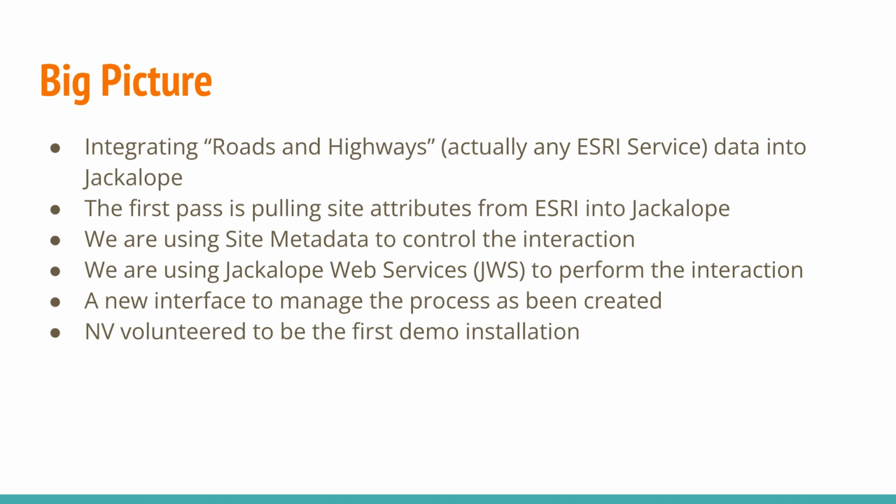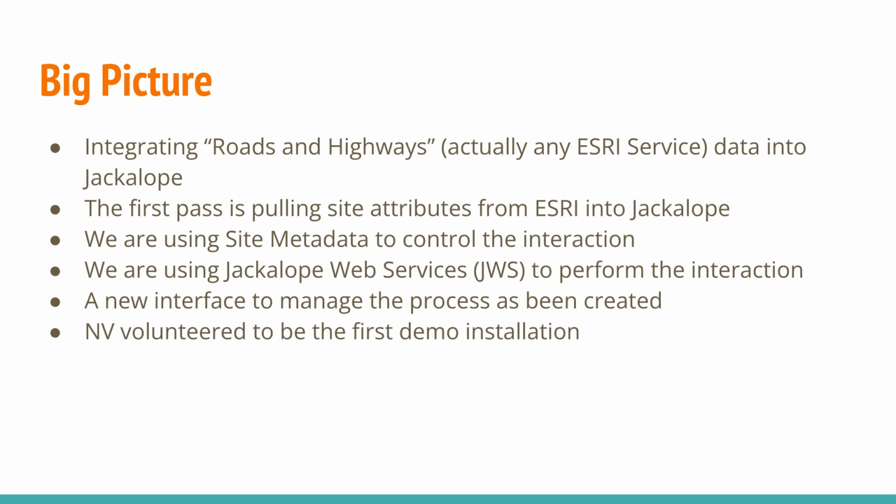We don't care what the actual technology is on top of the ESRI services. We just care that it's a service. So if you have a non-roads and highways ESRI application available through web services, we can use that as well.